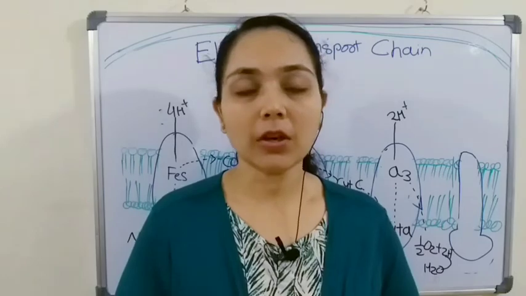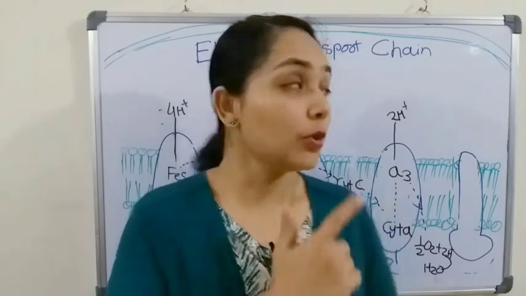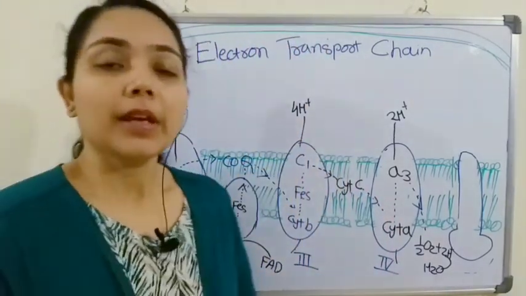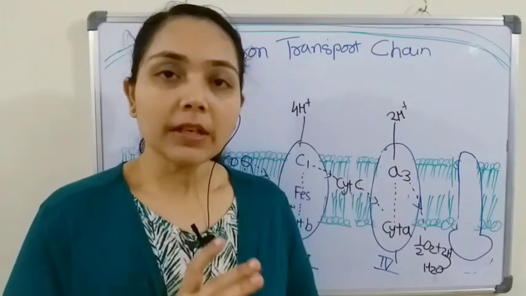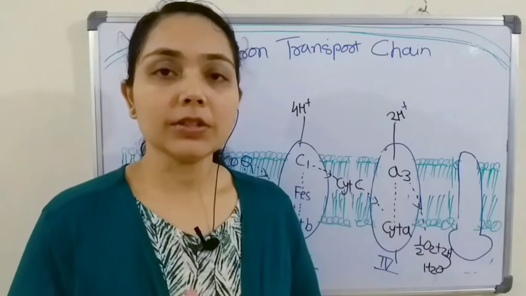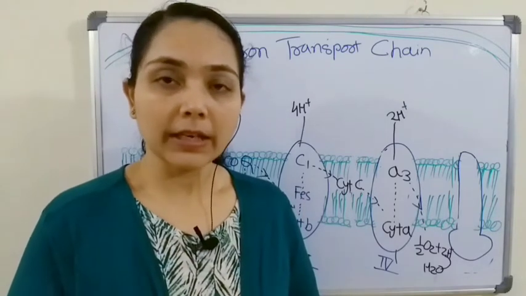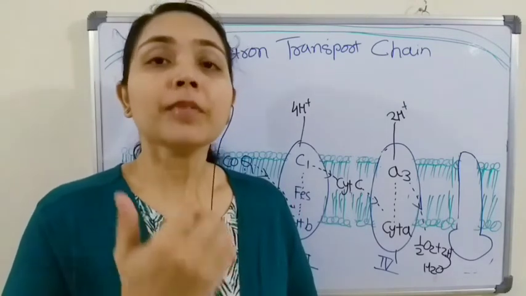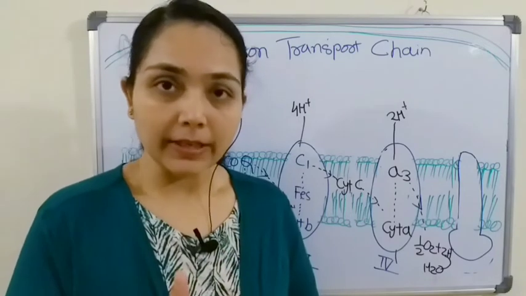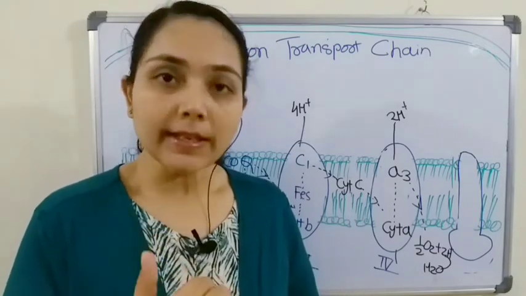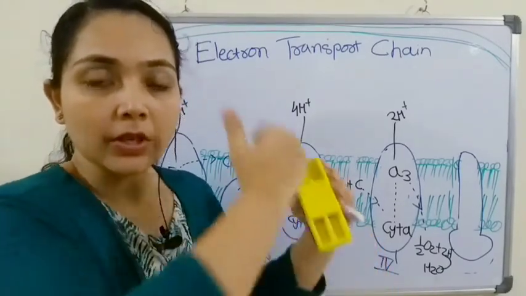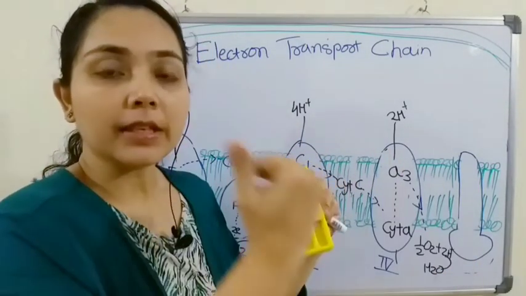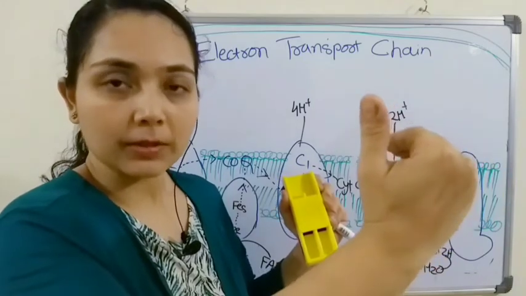Today we will continue our discussion on electron transport chain. In my previous lecture, we had discussed that whatever the reducing agents like NADH, FADH2 which we are getting in the various catabolic pathways, these are actually the electron carriers. These electron carriers will donate their electrons to the electron transport chain, which is arranged in increasing order of redox potential.